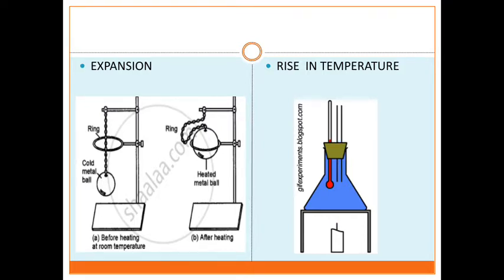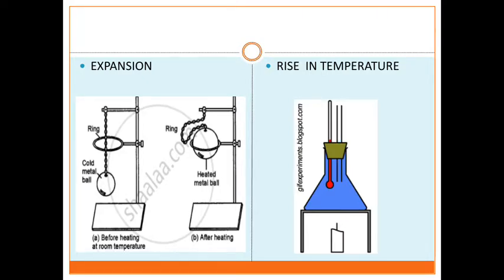First one, expansion. If you see the first diagram A, before heating at room temperature, this is an experiment to prove that while heating, the substance will expand. There is a ring and a metal ball.